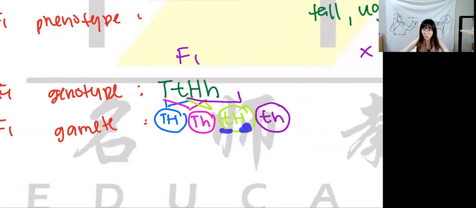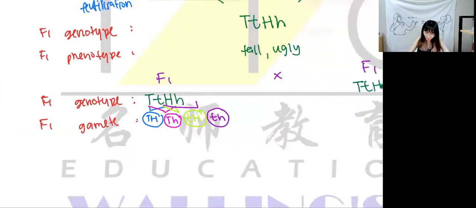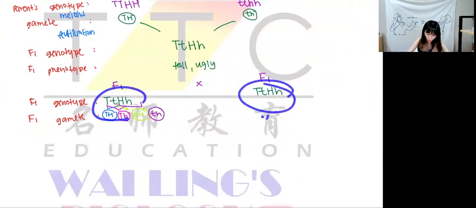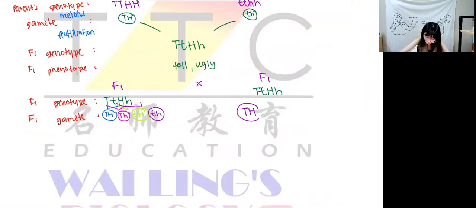That's why T can come first before H. Because T is tall or dwarf, H is good looking or ugly, right? That's why they are two different characters. So you need to write the T first before you write the H. The other side will be the same, so we're going to copy the same thing down. So we have big T big H, big T small h, small t big H, small t small h. This is the combination we will get.